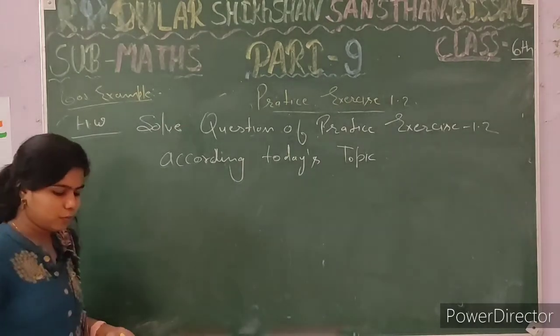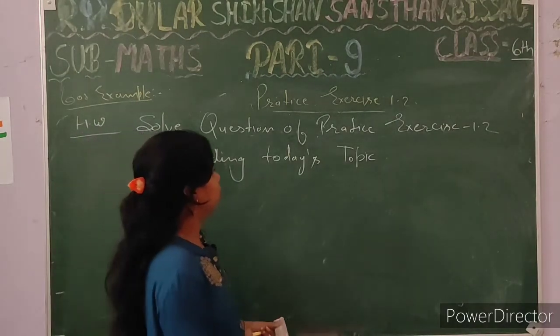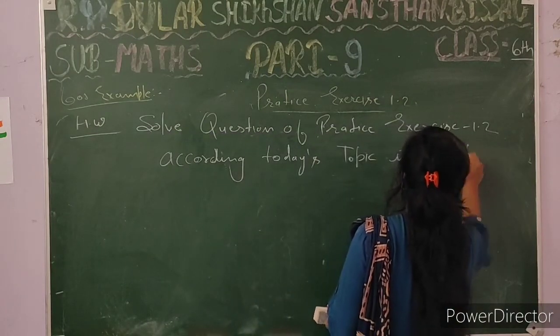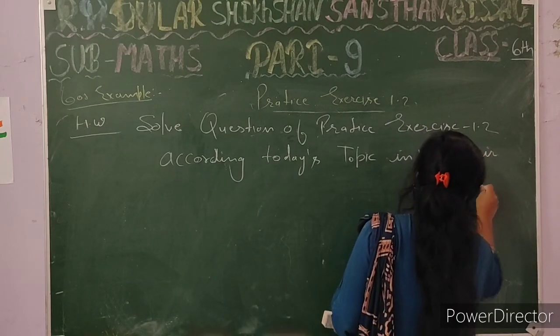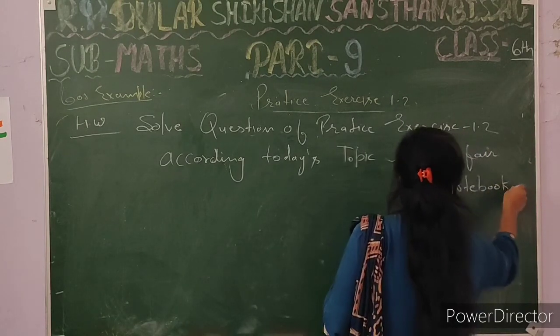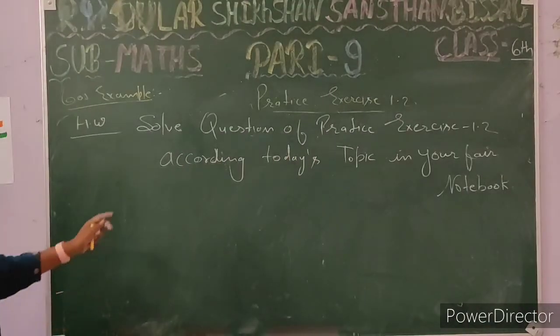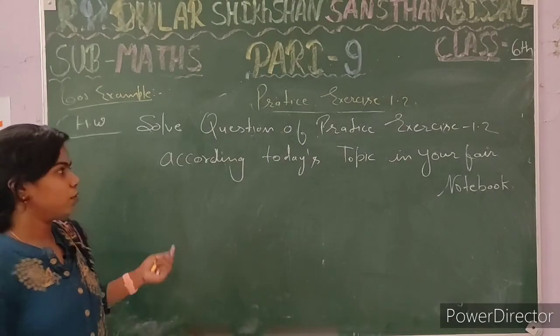I told you about two types of questions, so you can solve them first in your rough notebook, then in your fair notebook. In your book there are, I think, three or four questions of these two types, so you can do them in your fair notebook.